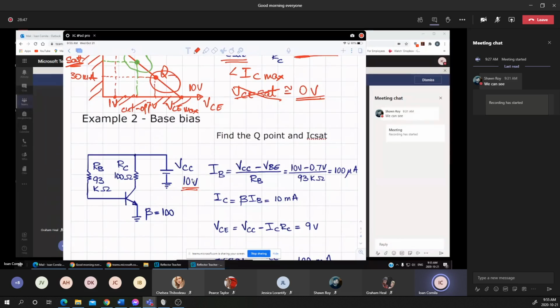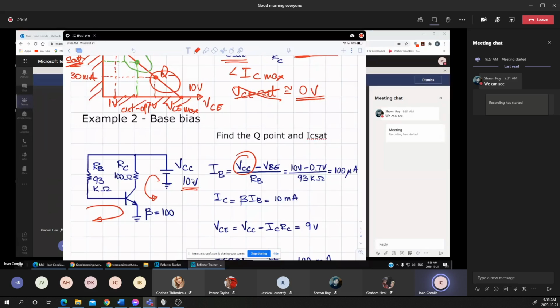Again, I'm applying KVL on the input loop, and the KVL on the output loop stays the same, because nothing was changed on the output loop, the collector-emitter loop. The only change required to solve the circuit and find IC and VCE is substituting VBB with VCC.